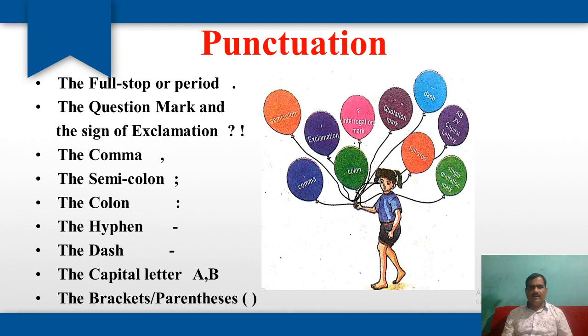Then similarly the comma you can also use, for some of the words you are writing. Then you can also use the semicolon, the colon, the hyphen, the dash, capital letters, and also the bracket or parenthesis. Okay. So after developing the skills of using punctuation marks, definitely our students can write a paragraph or sentence in a meaningful order which is comprehensible for them.